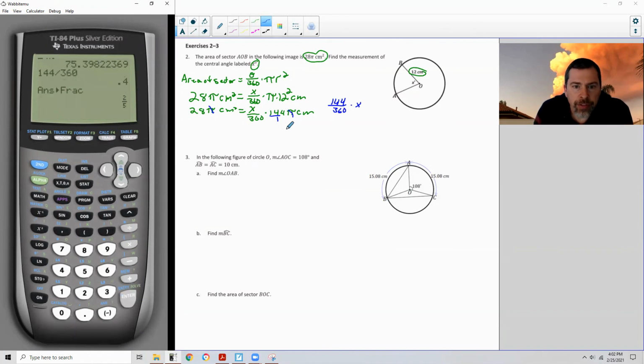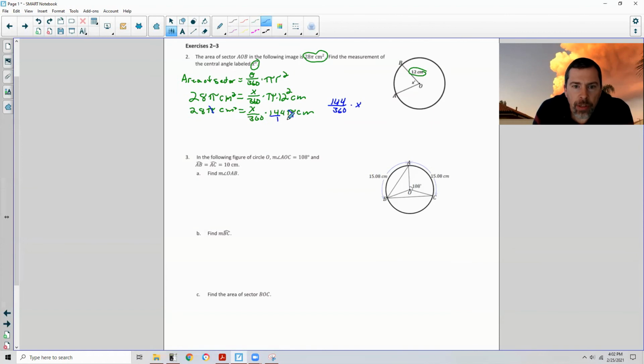So 2 to 5. Okay. So this reduces to 2/5. So we have 2/5 x, or x times 2/5. Okay, so this all cancels now, and it's the same as 2/5 x. So let me just clean this up here. I reduced x over 360 times 144 down to 2/5 x.